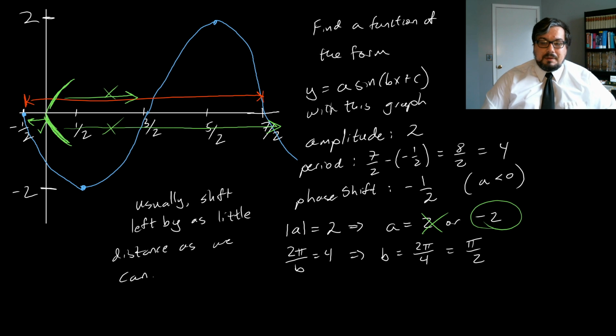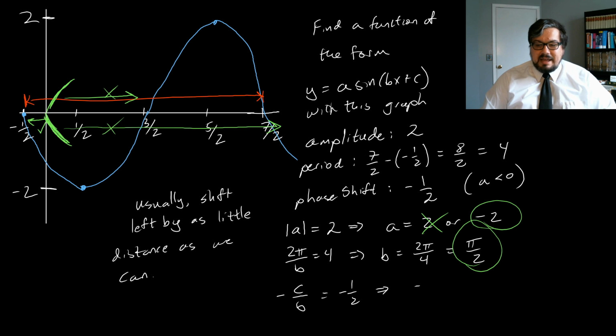So there's our B. And then to get the phase shift, once we have B, we have that negative C over B, which is the phase shift, is equal to negative 1/2. But that means that negative C over pi over 2 is equal to negative 1/2. And so multiplying both sides by negative pi over 2, we get that C is equal to pi over 4.